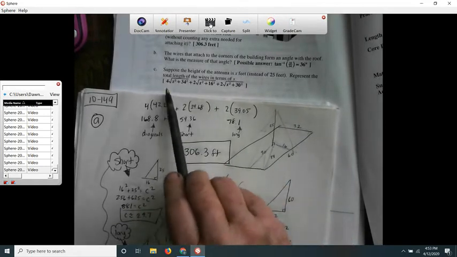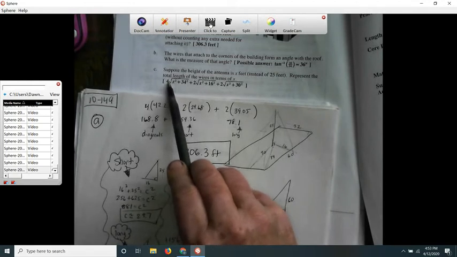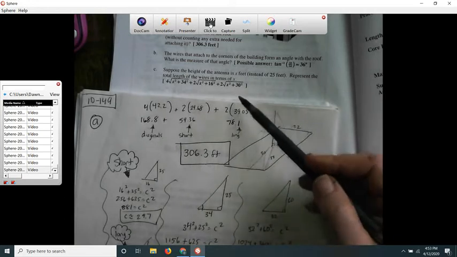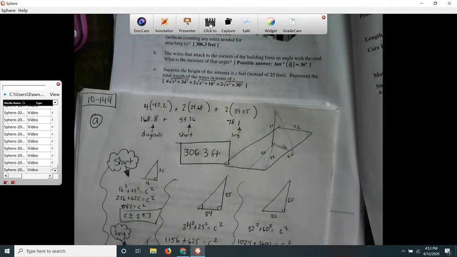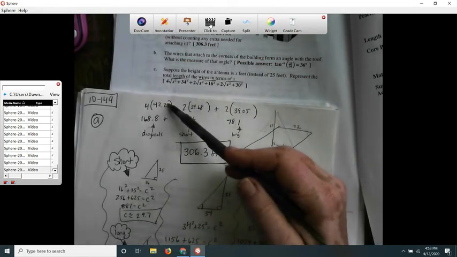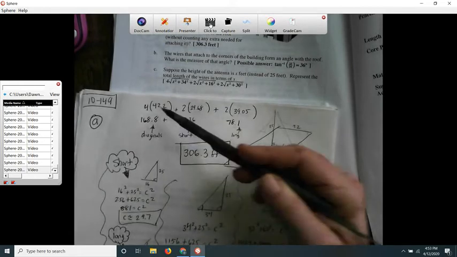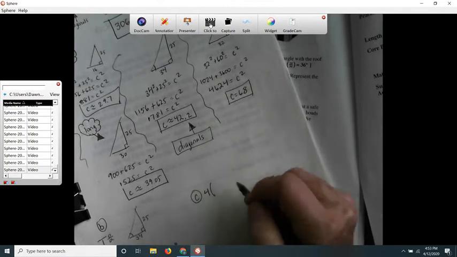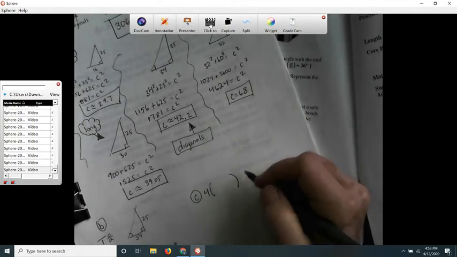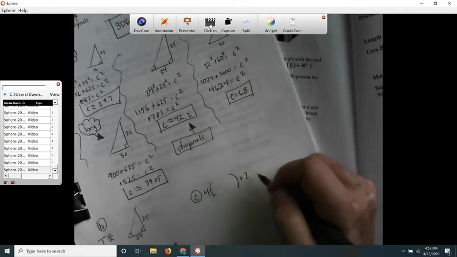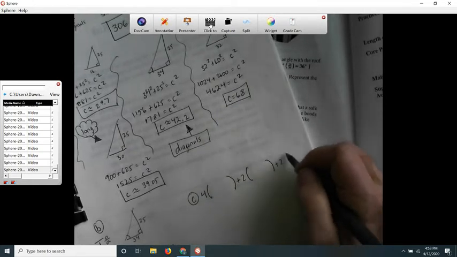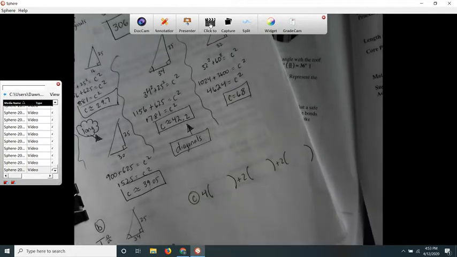I knew there were 4 diagonal wires, 2 of the shorter wires and 2 of the longer wires. So it was 4 times the diagonals plus 2 times the shorter ones plus 2 times the longer ones.